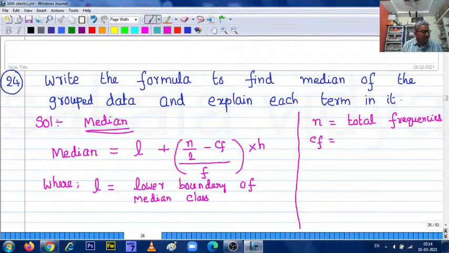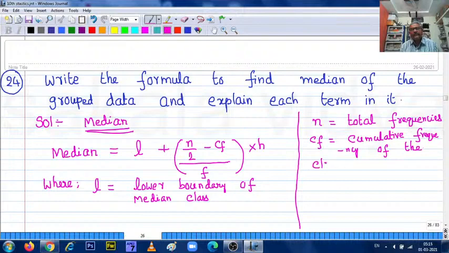Next CF. CF is equal to cumulative frequency of the class preceding the median class.